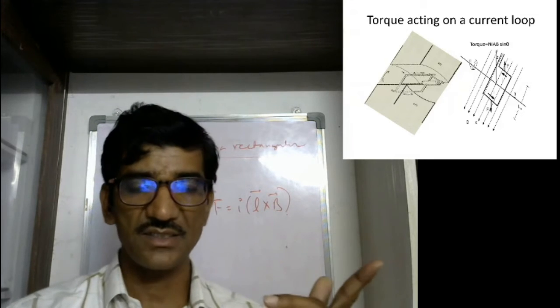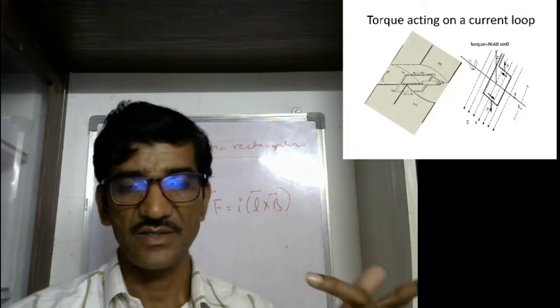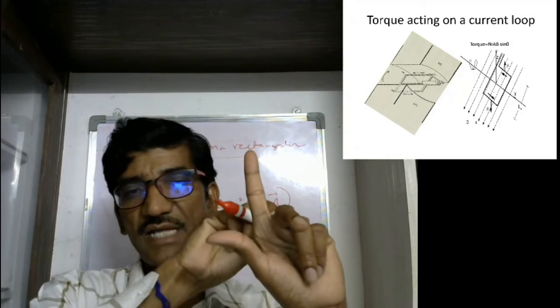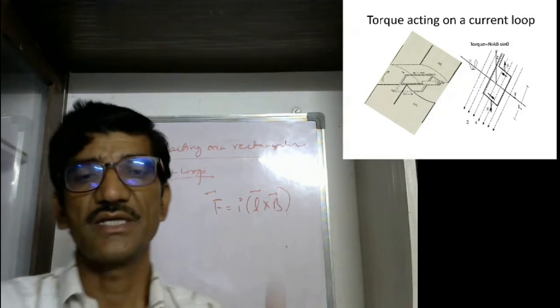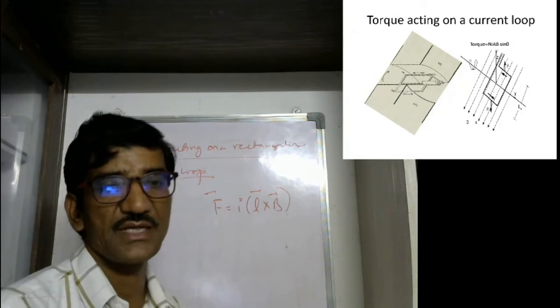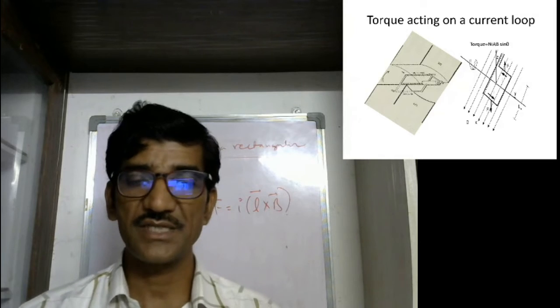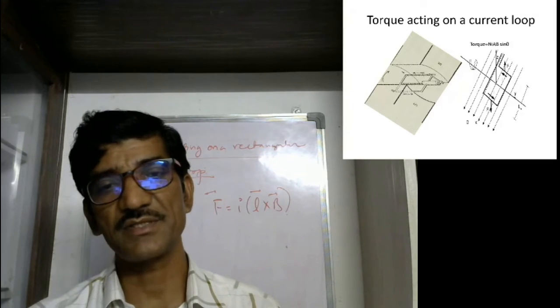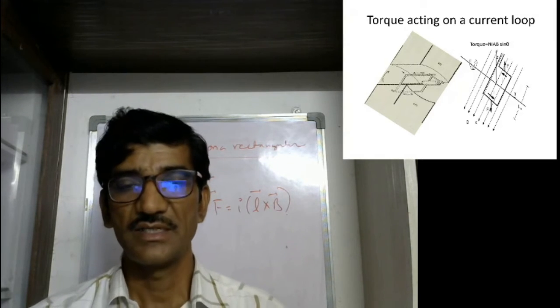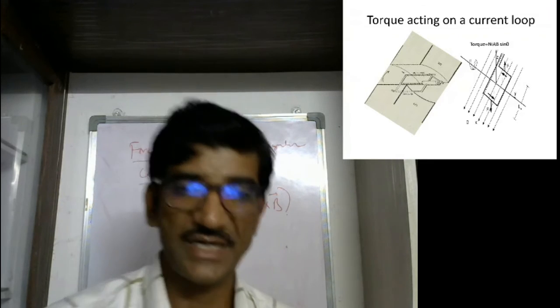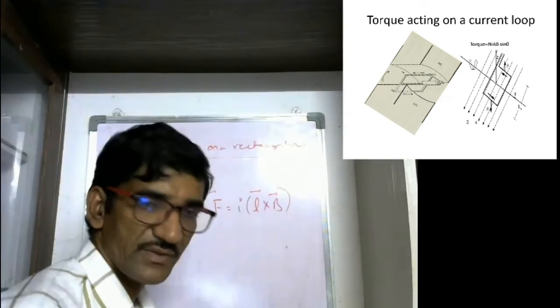In between these two conductors, the force is acting in this direction. So each of the two conductors is mutually attracting the other. If you change the direction of current, then what happens? Here, repulsion between these two conductors takes place. That you have to know.